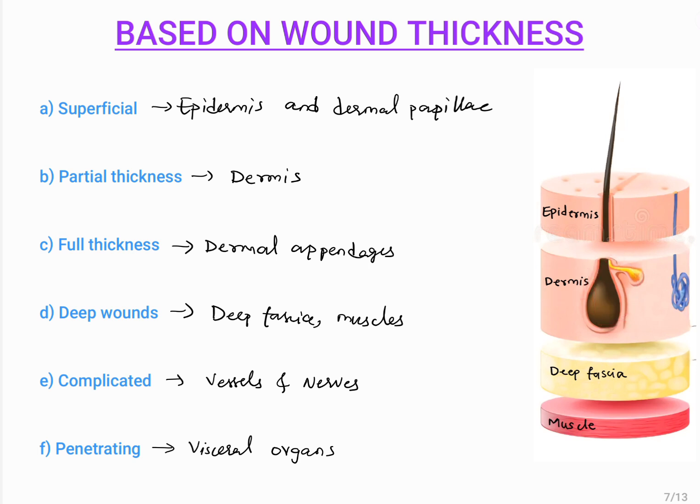In full thickness type of wound, the dermal appendages are also involved, like hair follicle and sebaceous glands. In deep wounds, there is involvement of the deep fascia as well as the muscular tissue. In complicated wounds, the vessels, that is arteries and veins which are present superficially, are also involved, including the nerves. In penetrating type of wound, there is involvement of visceral organs also.